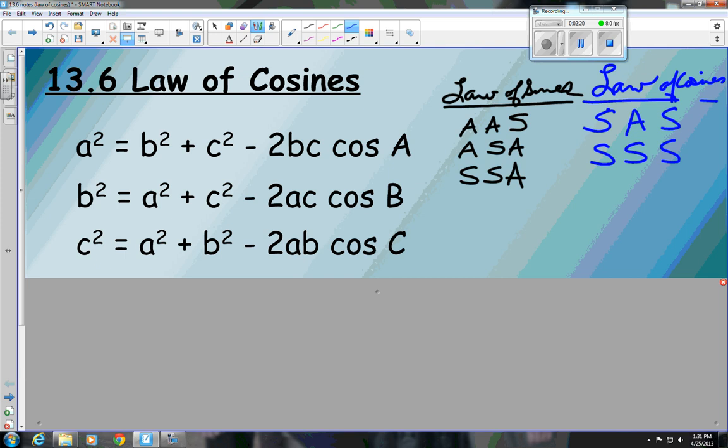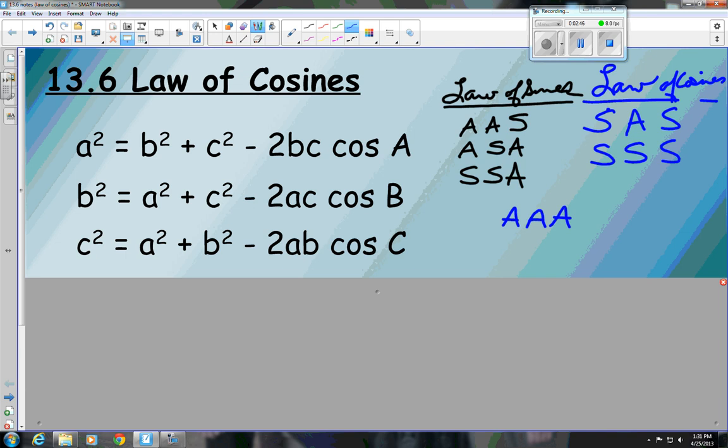Now I've got sides and angles, I have all the combinations that you can have together up there except for one. That's this one. If I know 3 angles of the triangle, why is that not underneath one of those 2? You can't find the sides.